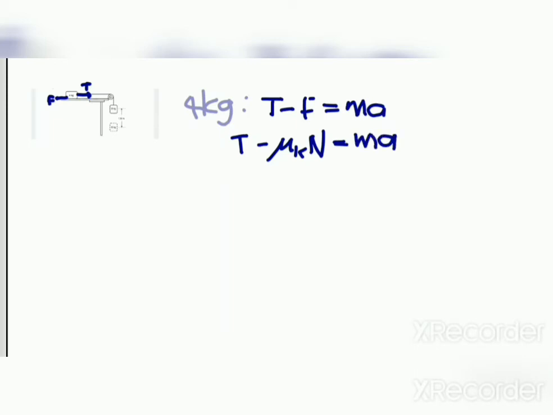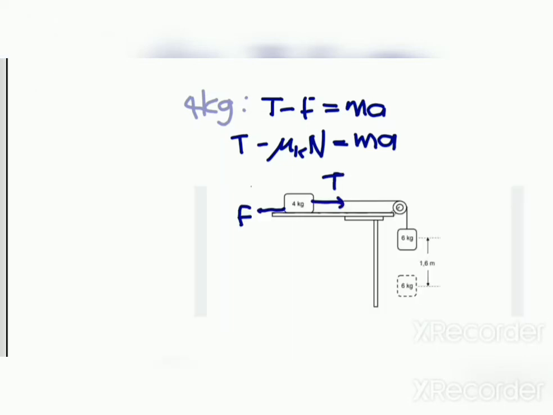Now the normal force for the 4 kilogram block would be acting that way and you'd have gravity acting that way. Now because the 4 kilogram block is moving along the table, it's not moving up and down, it means that the normal force and the gravitational force are equal. So normal force here is going to be equal to the weight.